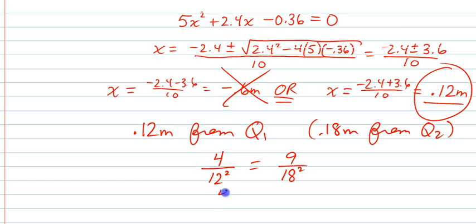So on the one side we get 4 over 144, and on the other side we get something that reduces to 4 over 144. You have to play around with the numbers a bit, but it does work out. So there you go.